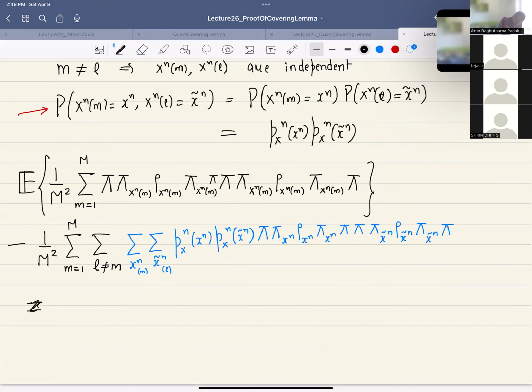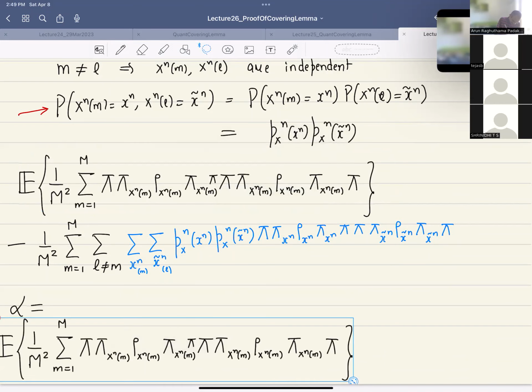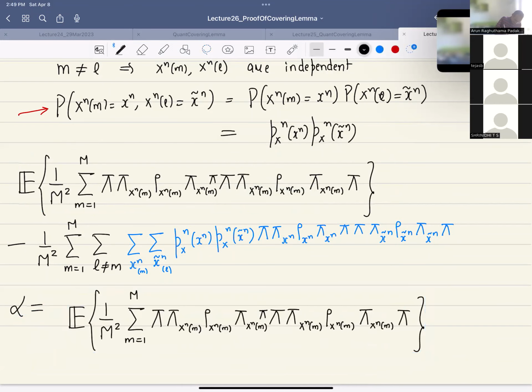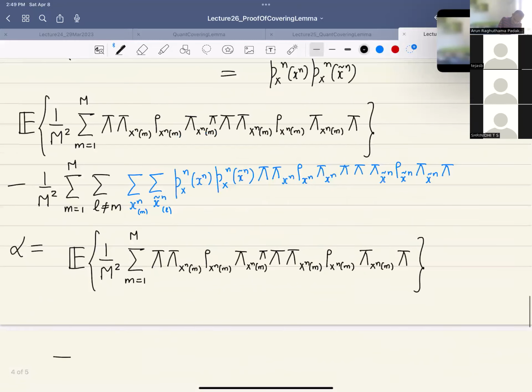Before going further, alpha is the first term as is, copy, paste, minus, and I claim this is the second term. The second term I claim is the following.